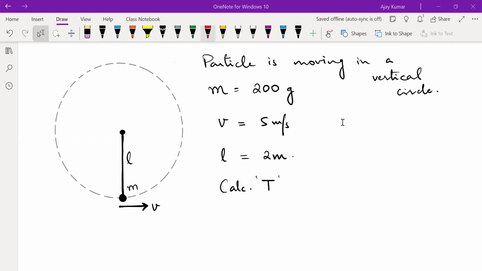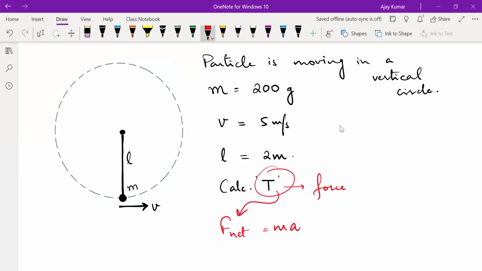These are forces. So the question is asking you to calculate a force. And the only way we know to calculate force is by writing Newton's second law, F net equal to ma. We have to include this force in this equation. So you have to write Newton's second law in such a way that you include tension in the equation. Hope this is clear to all of you.